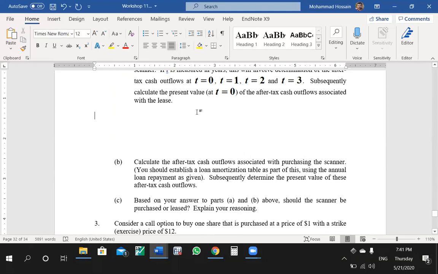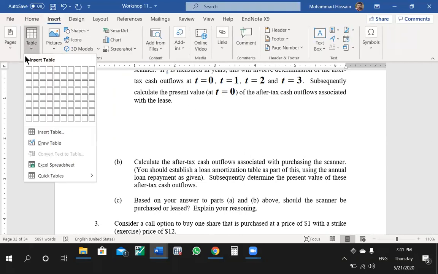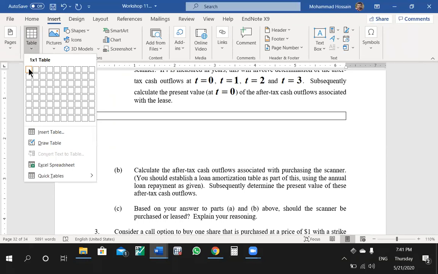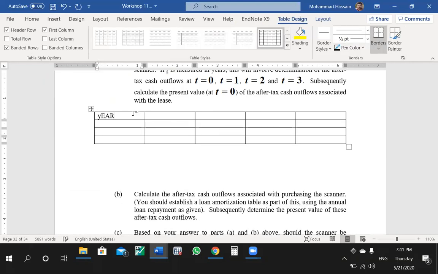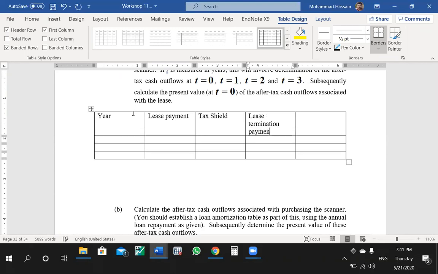Okay, so let's do our payment chart. Year, lease payment, how much tax shield they have, lease termination payment, and finally the after-tax cash outflow.